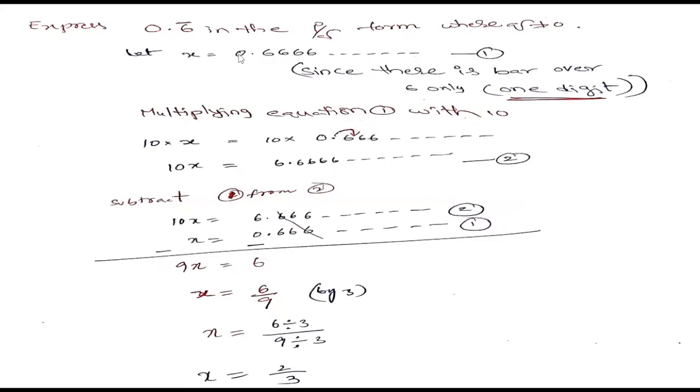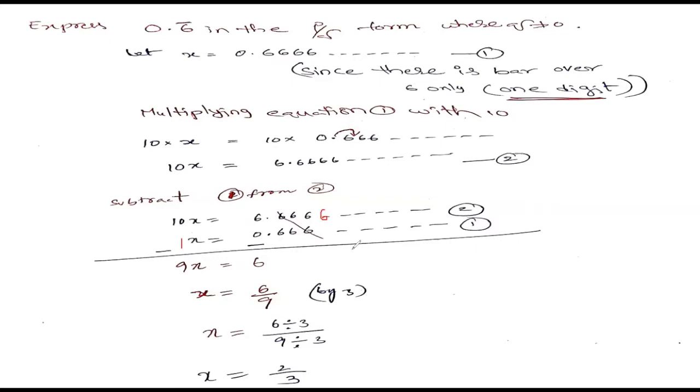Equation 1: x is equal to 0.66 like that. Subtraction. 10x minus x, 9x. Here all the 6s after the decimal point cancel.